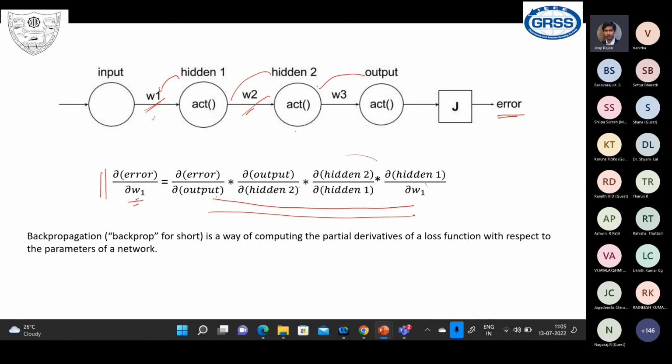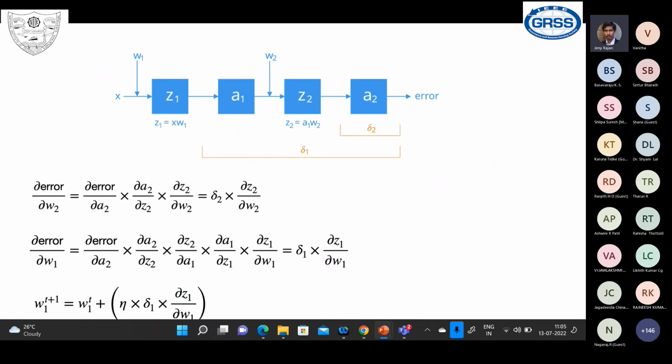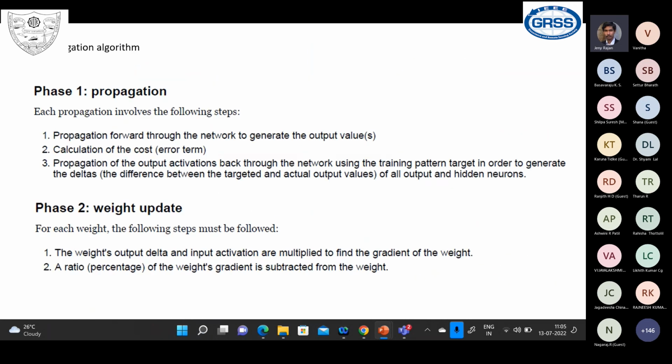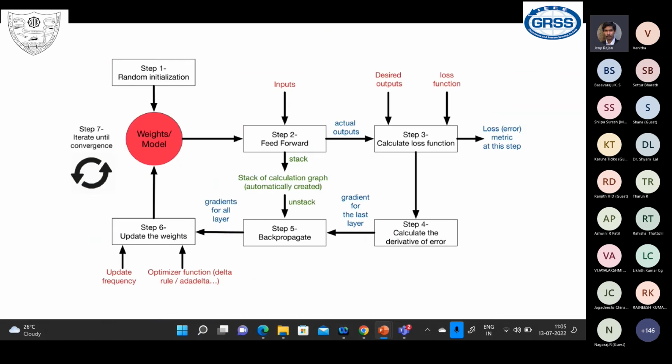This is how the backpropagation algorithm works. You can use the derivative chain rule to train a neural network, similar to how we derived the weight updation formula to train a single neuron. I'm skipping all these portions because we don't have time, and I will briefly explain how backpropagation works.